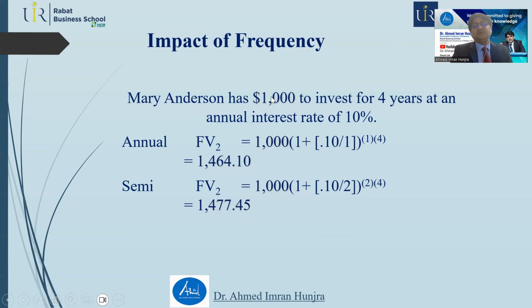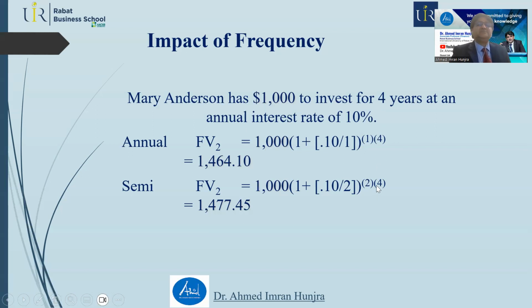If it's less than annual, what do we do? For example, we have 1000 to invest for 4 years at an annual interest rate of 10%. For annual, either we divide or not divide, so we will be getting the same value. If it's less than annual, meaning semi-annual, I is divided by 2 and time is multiplied by 2.